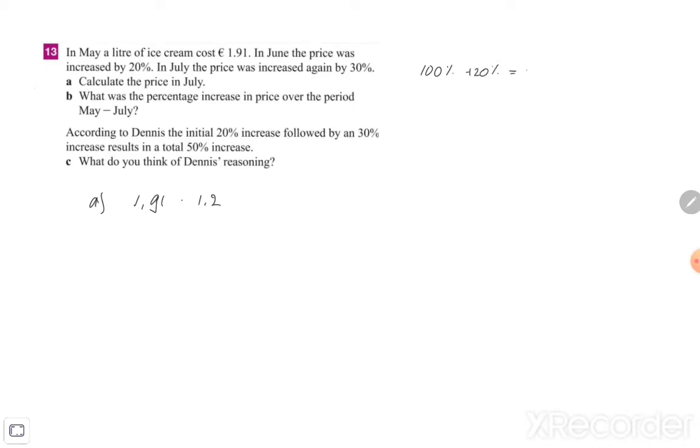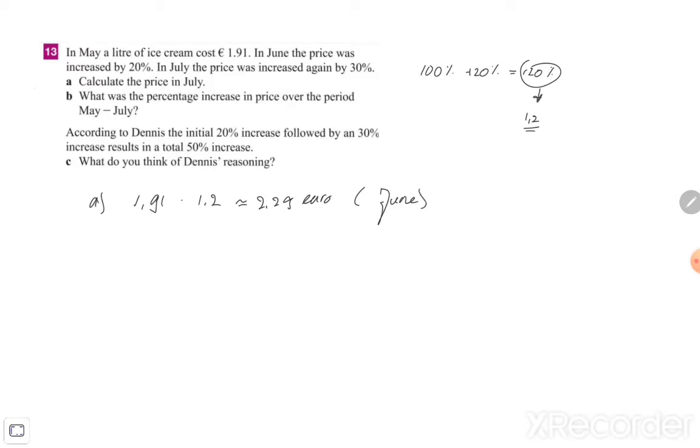So that's together 120%. And we know to make from the percentage a decimal number, we need to divide it by 100, so 1.2. Alright, so €1.91 times 1.2 will be approximately €2.29. There you go. So this is the price in June.